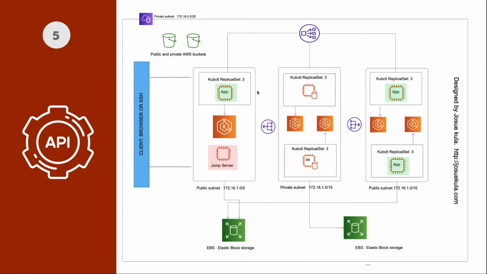You can look at that and understand Kubernetes. But the point of this architecture is that we have a jump server for all the requests coming into the network, the virtual private cloud, the VPC. The jump server controls all the requests and passes them to subsequent pods or containers.